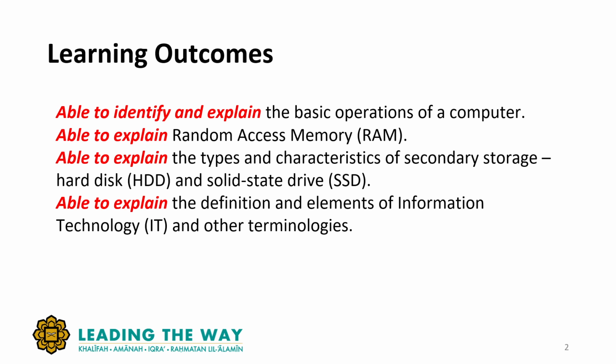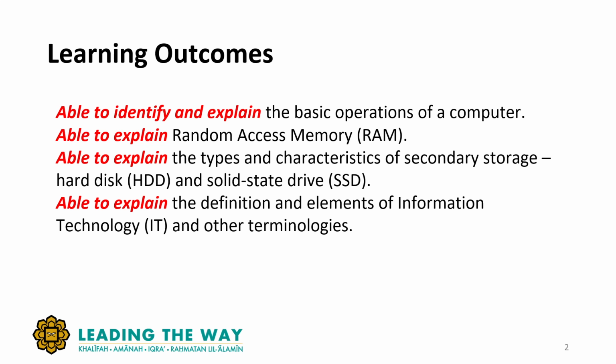At the end of this topic, you should be able to identify and explain the basic operations of a computer. The second point is you should be able to explain random access memory, or what we call RAM. Then you should be able to explain the types and characteristics of secondary storage.